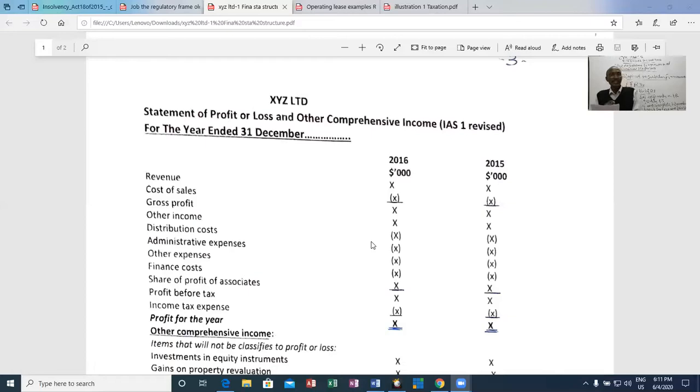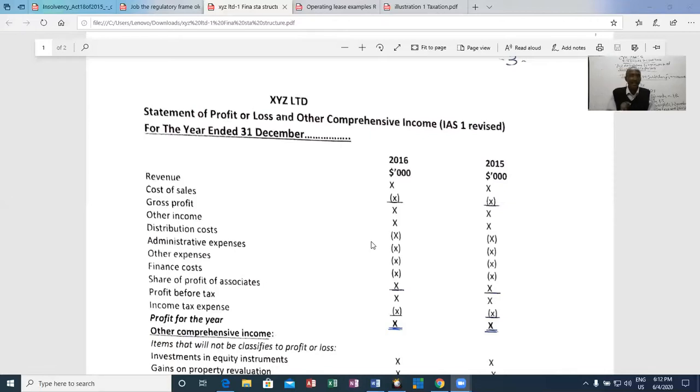Profit for the year stands for the profit from the ordinary. Ordinary is normal. Normal is what is expected activities of that organization. For example, if you're running a transport company, you're collecting fares every day. Now, that aspect of providing transport and collecting fares is summed up in terms of your operating activities.